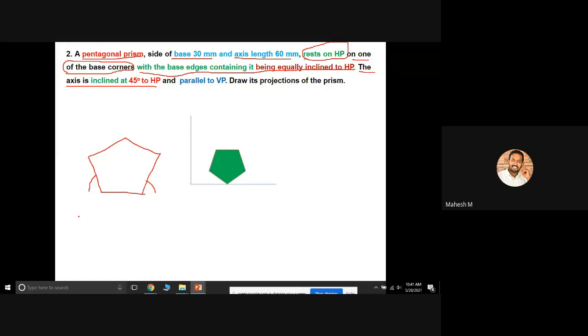So for finding out the axis of this pentagon, you have to create an inclined line from these two corners. Okay, so create an inclined line with an angle of 54 degrees. Please remember that this angle should be 54 degrees.